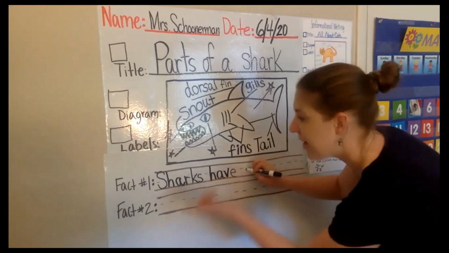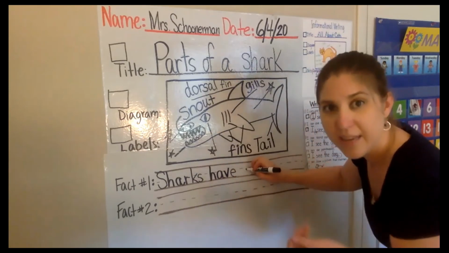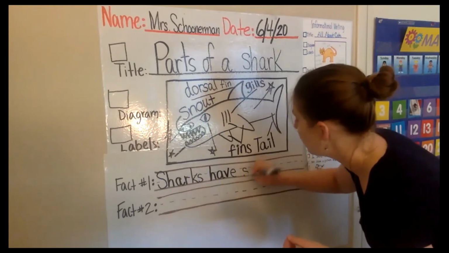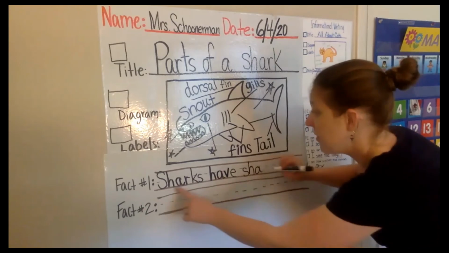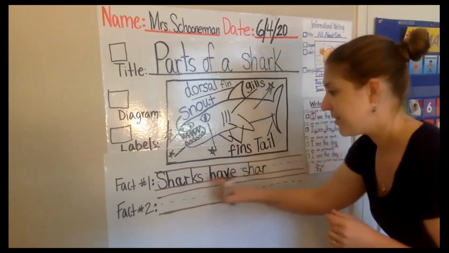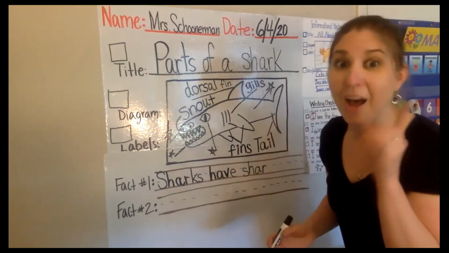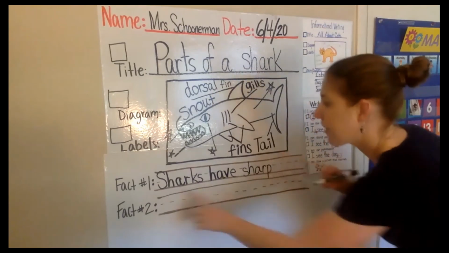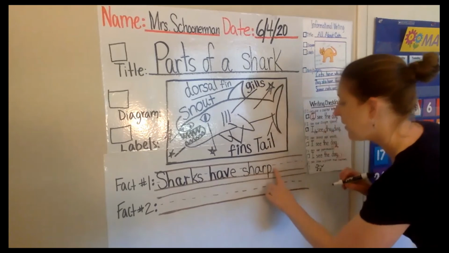Sharp. Hey, an SH digraph, just like in shark, there's the same digraph in sharp. SH. And again, with the AR sound, sharp. But does it end in a K or P? A P is at the end of sharp. Sharks have sharp.